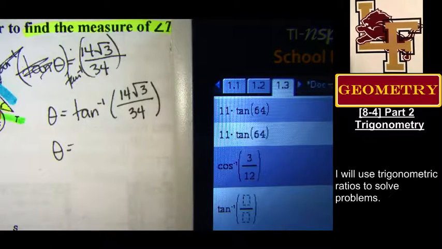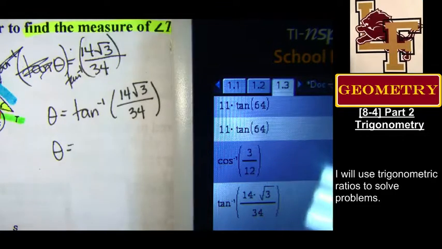So I set up the fraction, I hit Control Divide, 14, and then I'm going to set up the square root. So I'm going to do Control X squared. And it gives me the little square root thing. All right, looks like I typed everything in properly. I hit Enter, and what do we get out as a number?